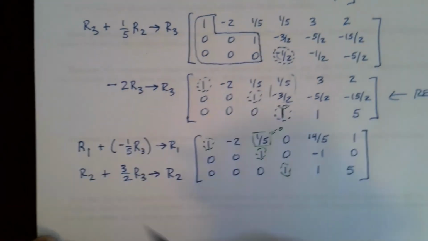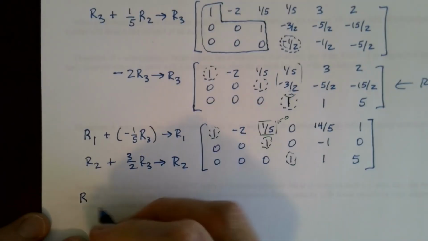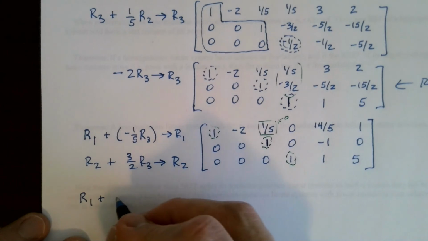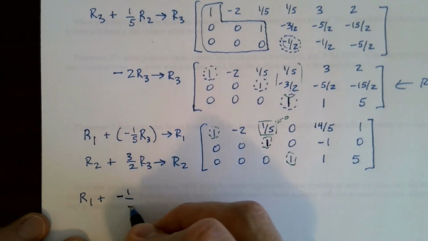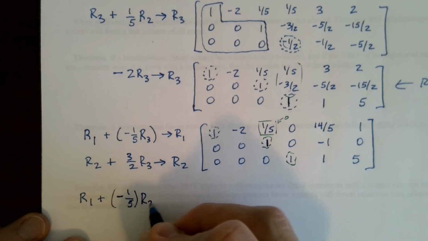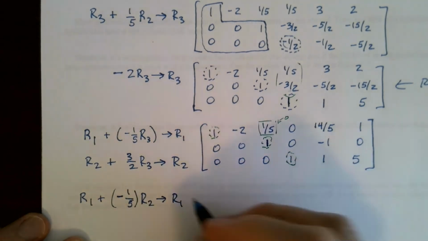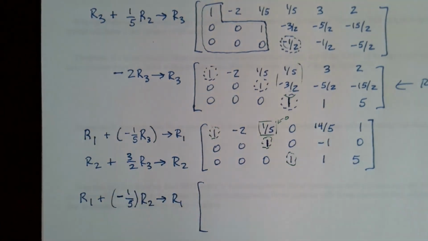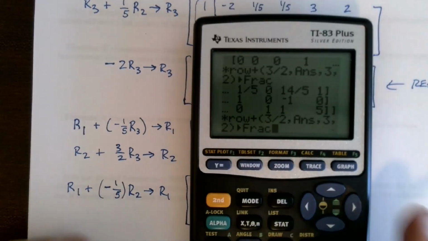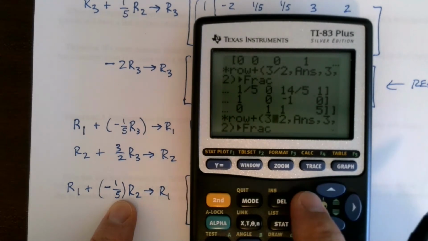So my final operation is take row 1, and I'm going to add, the pivot row is now row 2 where that leading one is. So it's going to be -1/5, the opposite of that, times row 2, and then store that into row 1. Second entry, my multiplier is -1/5.